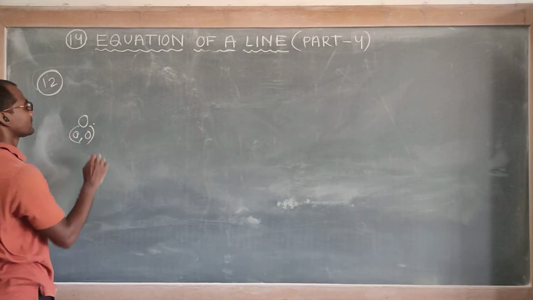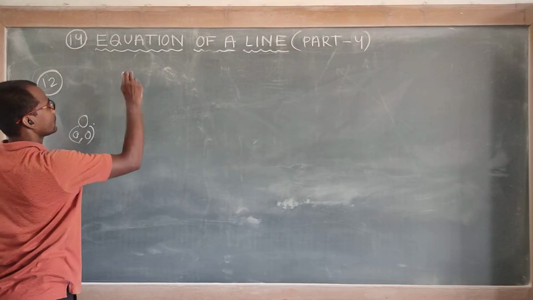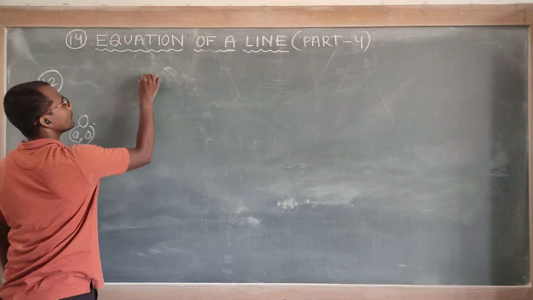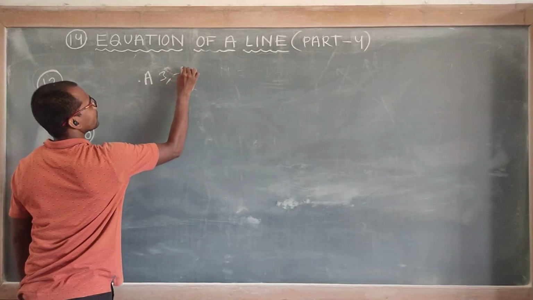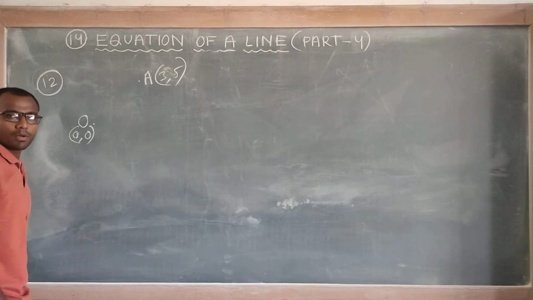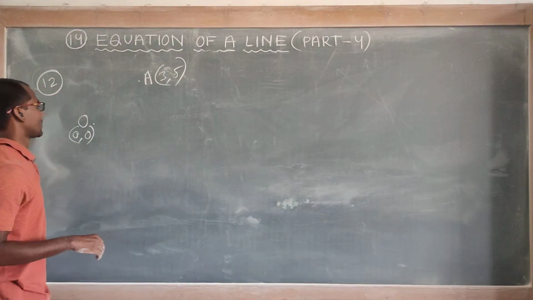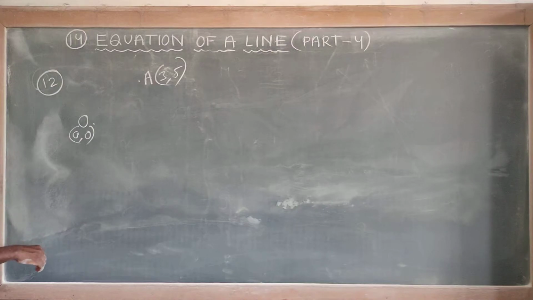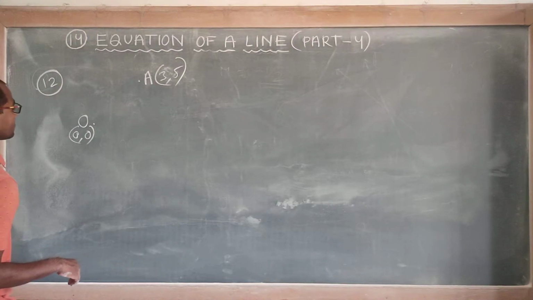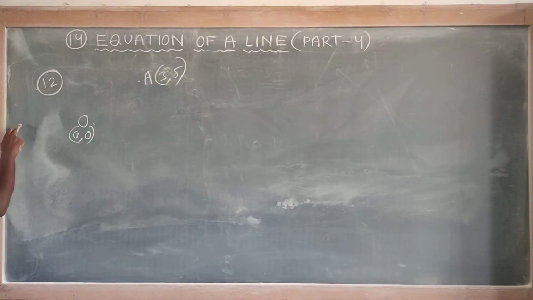Imagine 3, 5 will be somewhere here. Suppose here, this is A, 3, 5. Then B is minus 5, minus 3.